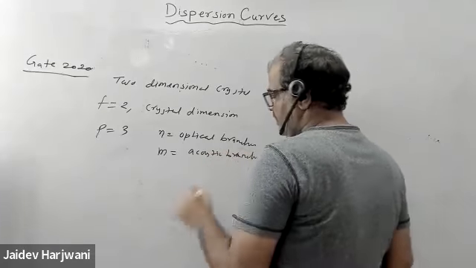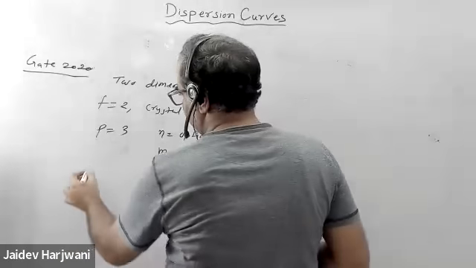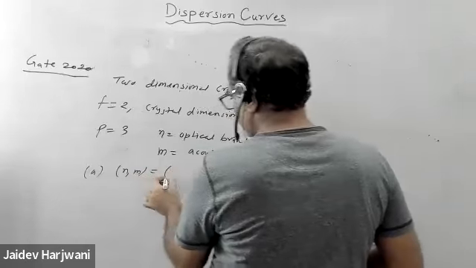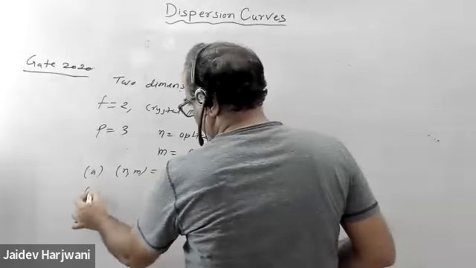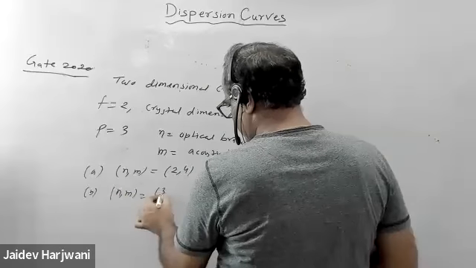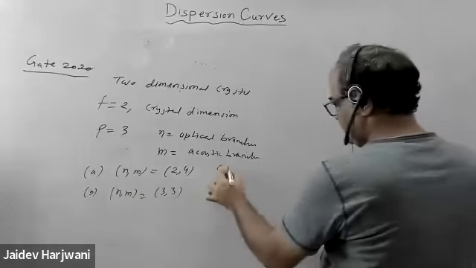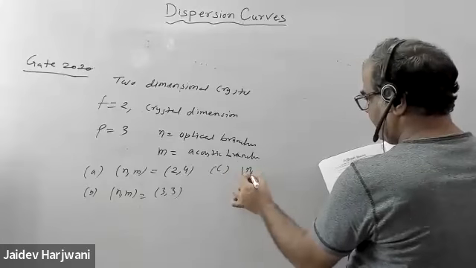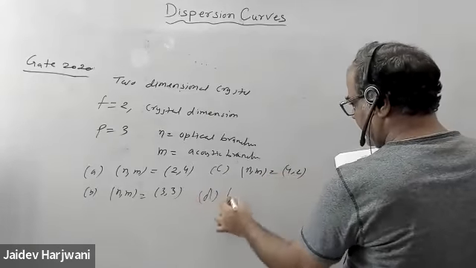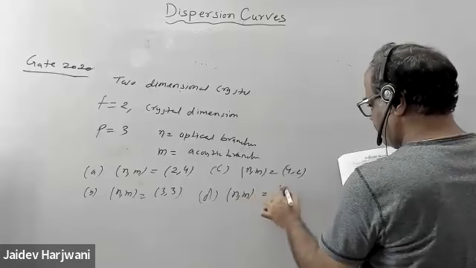So what is NM? The options given are A: NM equals 2, 4; B: NM equals 3, 3; C: NM equals 4, 2; and D: NM equals 4, 2.